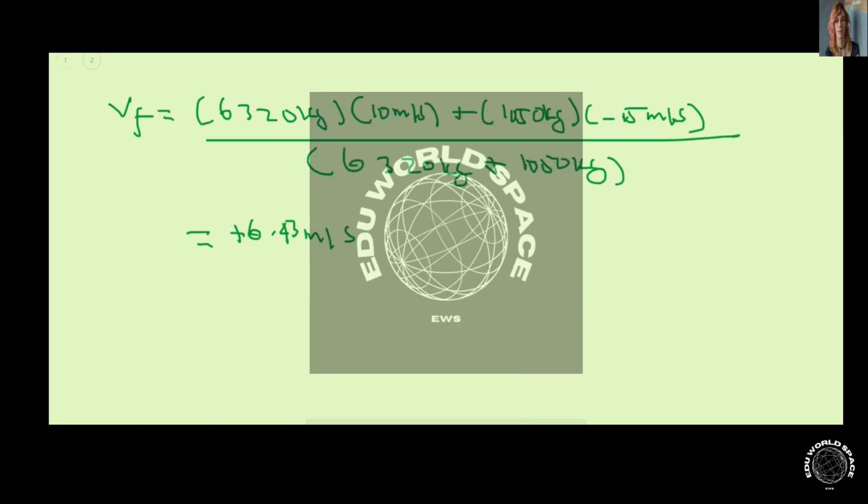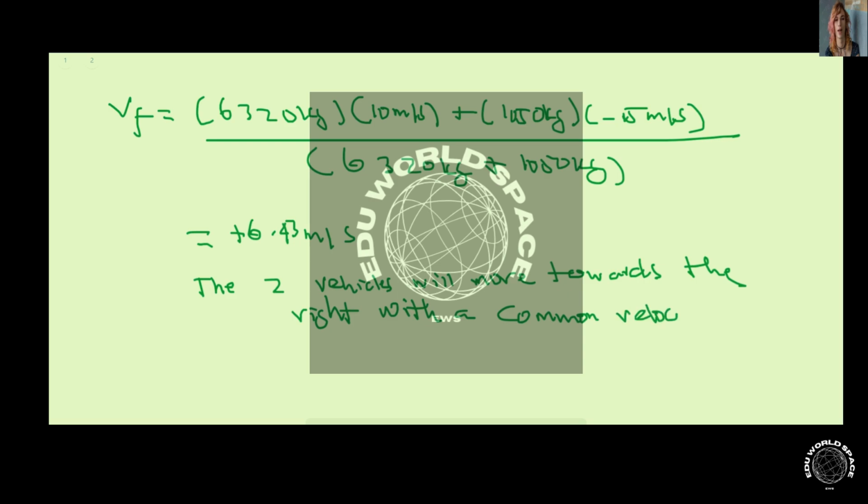It means that the two vehicles will move towards the right with a common velocity of 6.43 meters per second. That's what's going to happen.